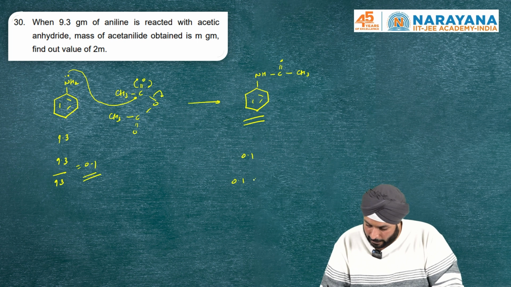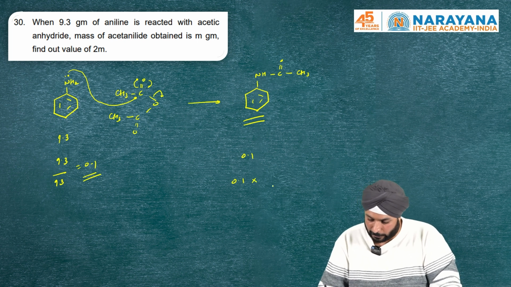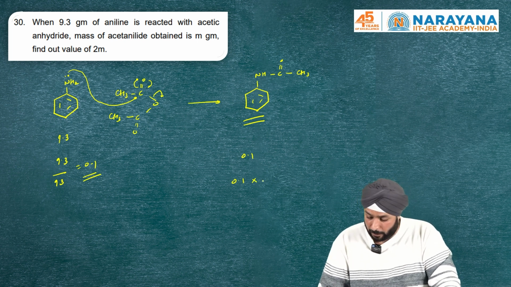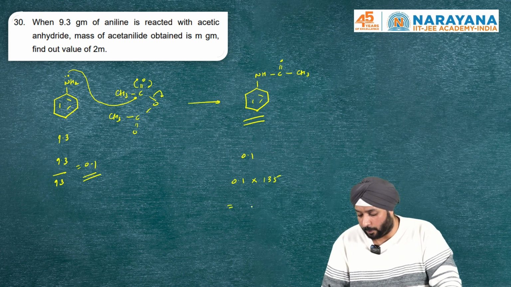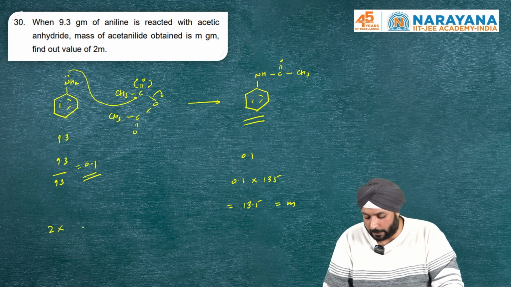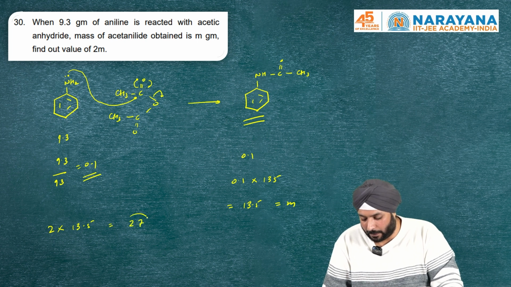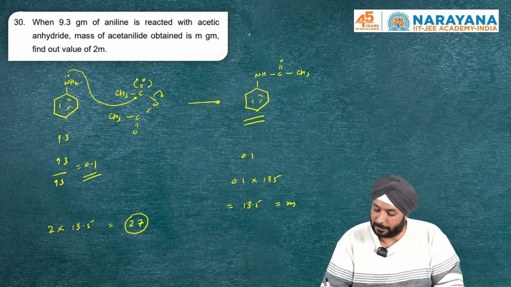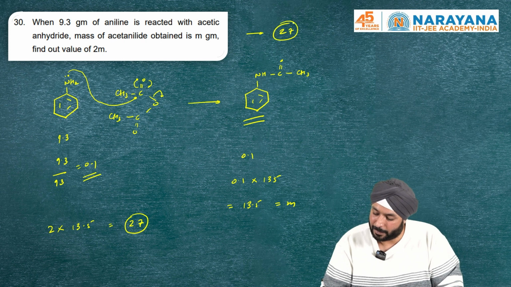The molecular mass of this molecule comes out to be 135, and the overall mass comes out to be 13.5. This is the value of m. So you want 2m, so 2 into 13.5 is 27. So the answer for this question should be 27.